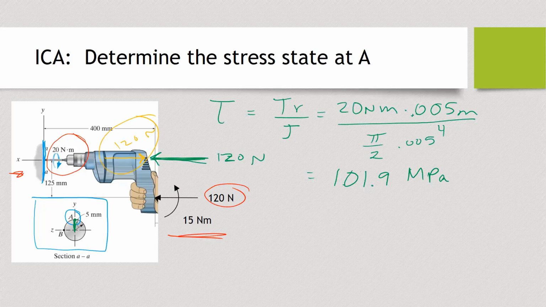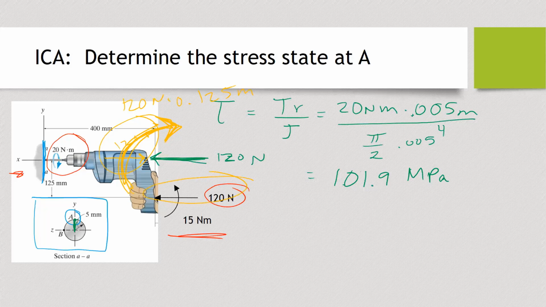Now this 120 Newton and that 120 Newton, in terms of the sum of the forces, they cancel, but in terms of moments, they act as a couple and they get replaced with this moment, which is 120 newtons times 0.125 meters.